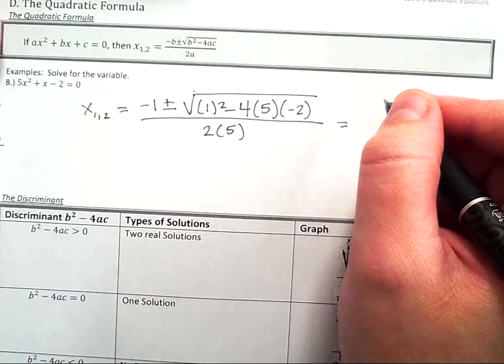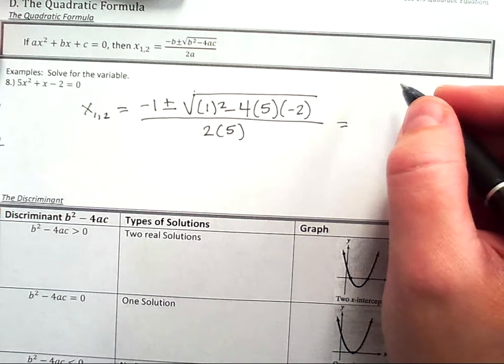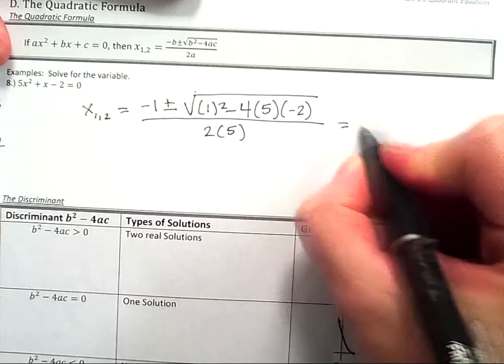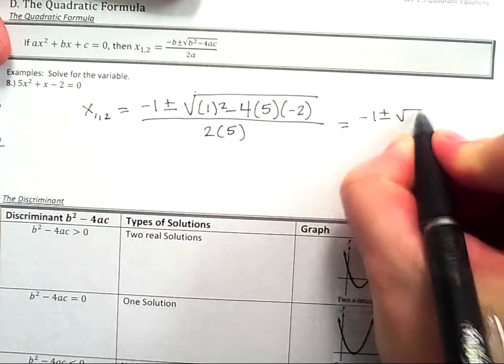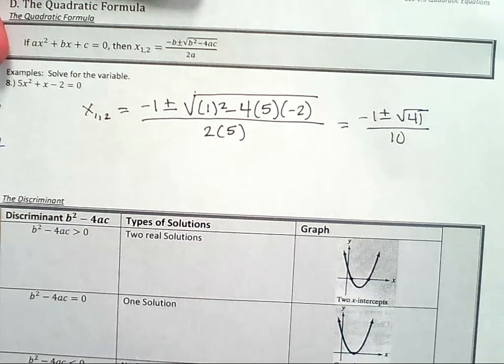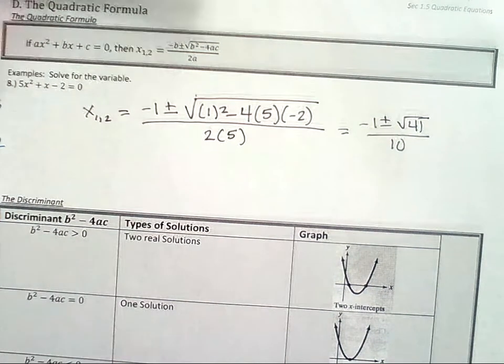41? Is that what you said? I did. Yeah, but then you're like, maybe. So I have negative 1 plus or minus the square root of 41 over 10. Okay? So that's as much as I can simplify it, right?